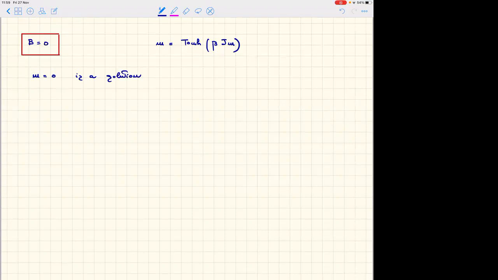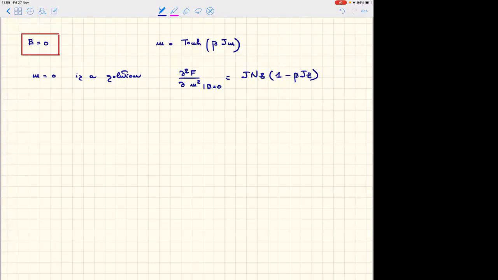But the problem is that the second derivative of f with respect to m at m equals 0 is equal to Jz times 1 minus beta Jz.